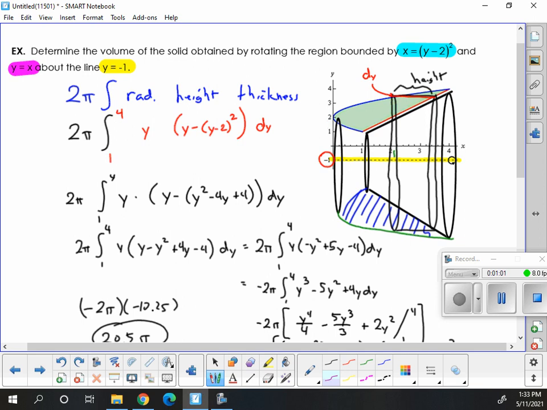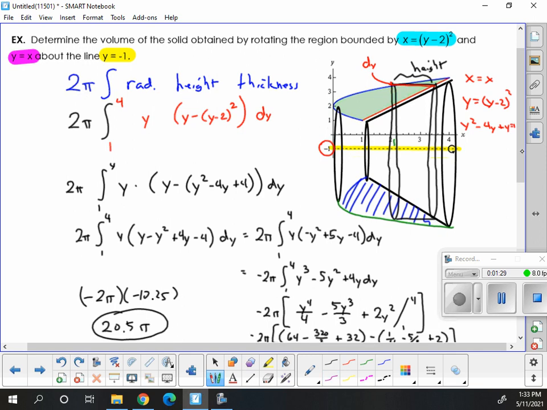All right. So what you'll notice is when we think about where those two curves meet, where y is equal to (y minus 2) squared, that's where, if you set x equal to x, if you set those equations equal to one another, we get y squared minus 4y plus 4 equals y.